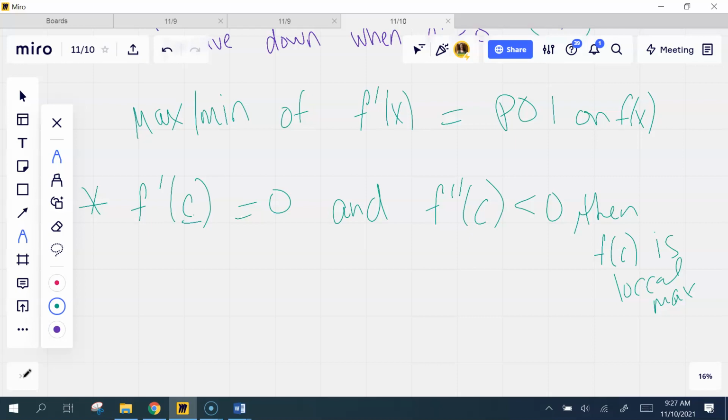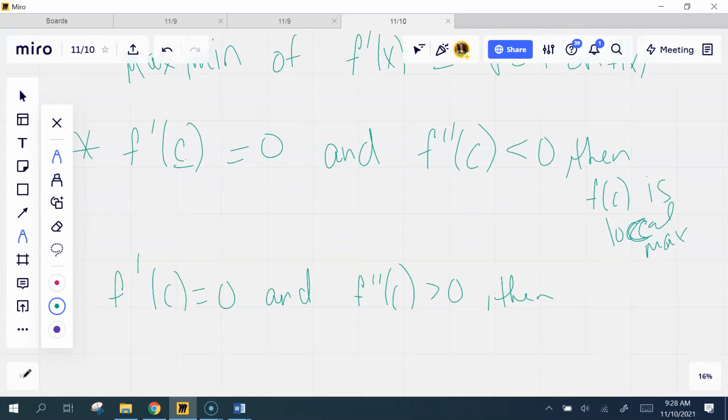I'm getting excited. All right, so then the converse of that is also true. Well, not the converse. If the derivative is 0 and the second derivative is positive, what do I know? It's a min. Then it's a minimum. Y'all are getting it.